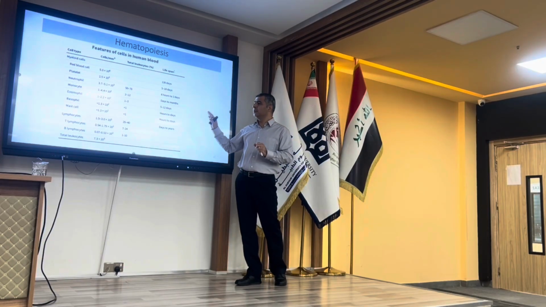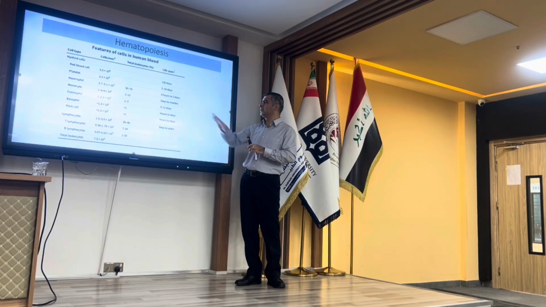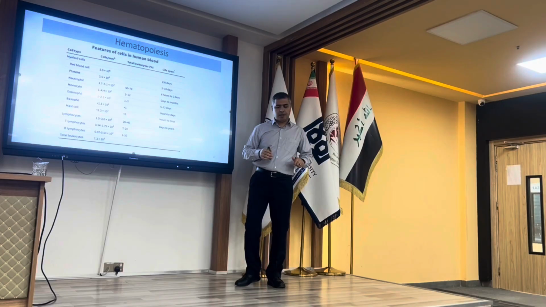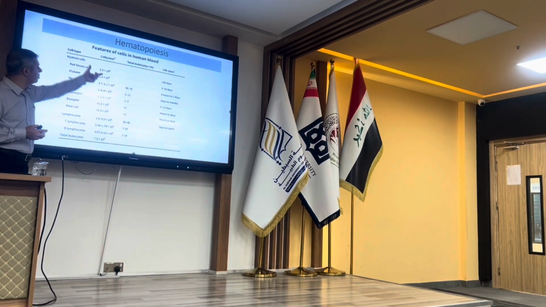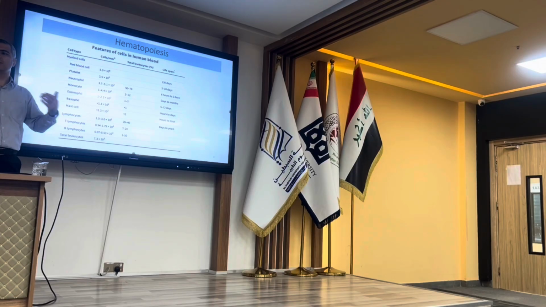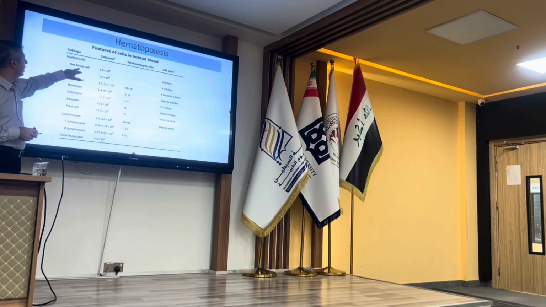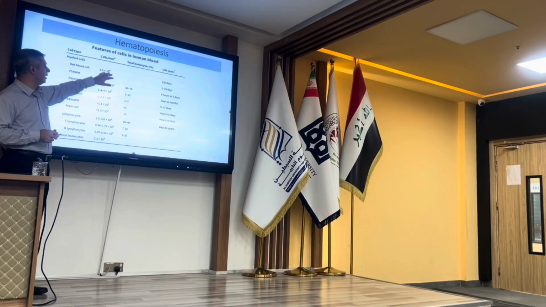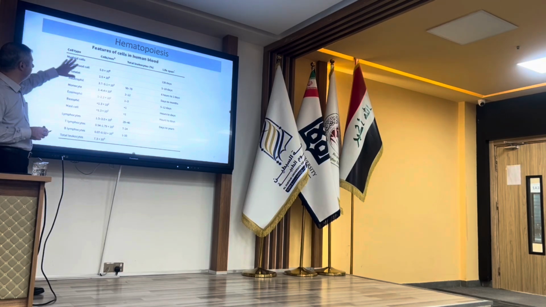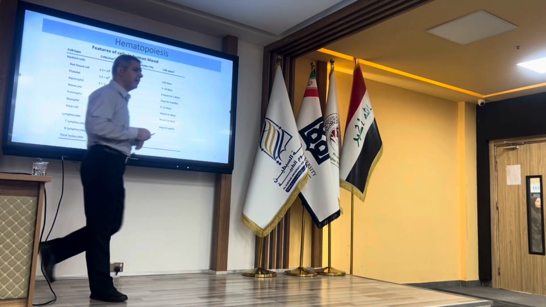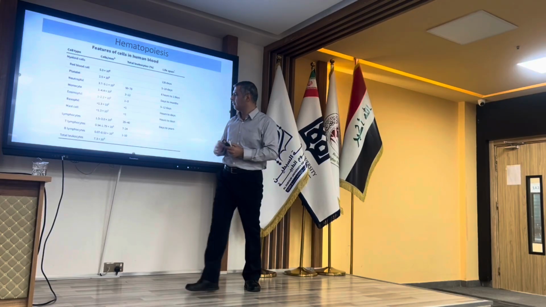It's important, you are not going to memorize the content of this table, but it is important to know that we do not have equal numbers of all cells in the blood circulation. You know this. For example, we have 5 million on average RBCs in a cubic millimeter, but for the rest of the cells, for some of them we have thousands, for some of them we have few.